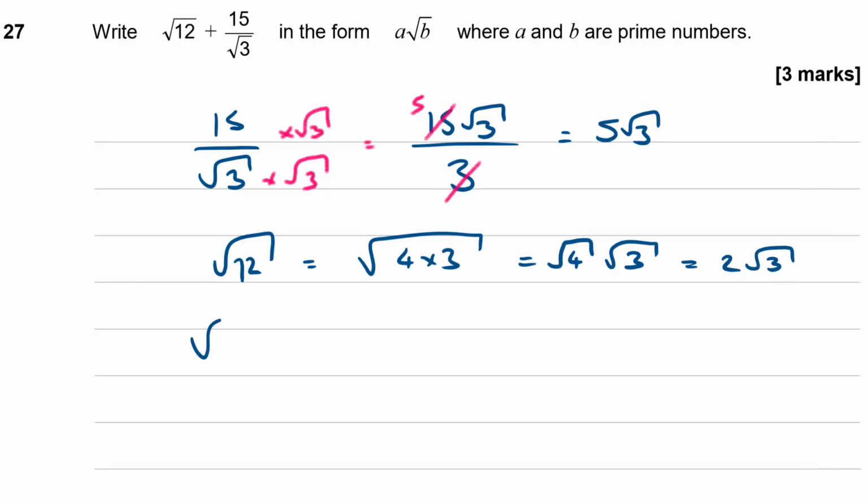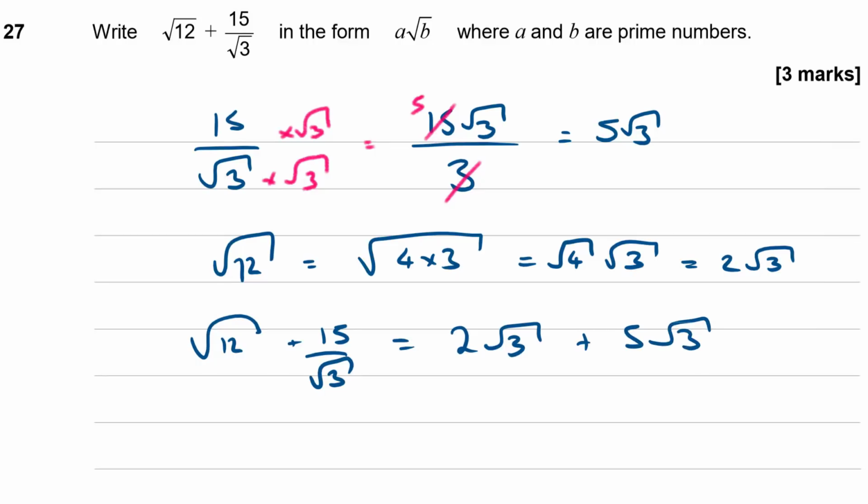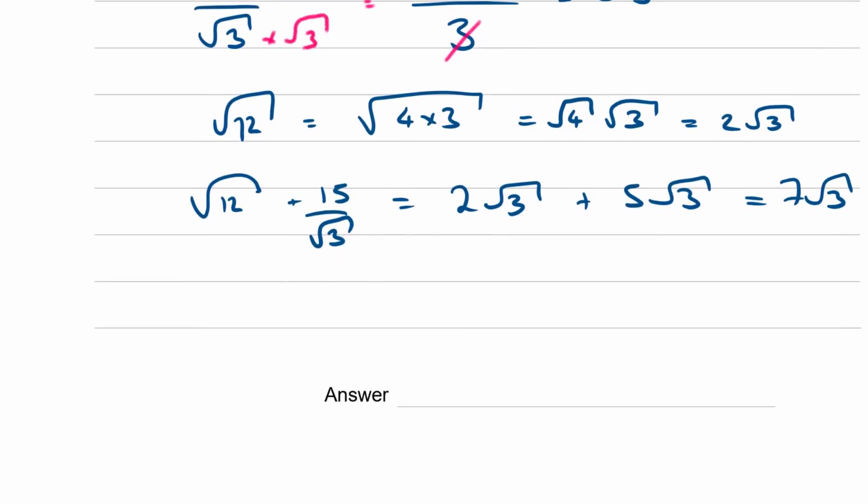So my original sum of root 12 plus 15 over root 3 is 2 root 3 plus 5 root 3, which is 7 root 3. So my answer is 7 root 3. So a and b are both prime numbers. So that's all good, all done.